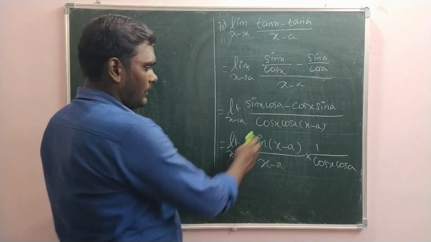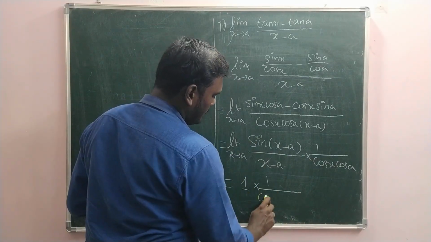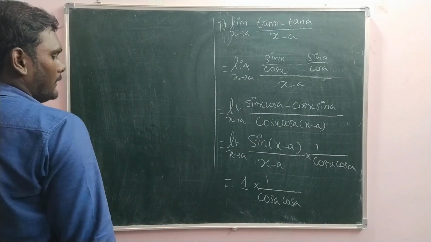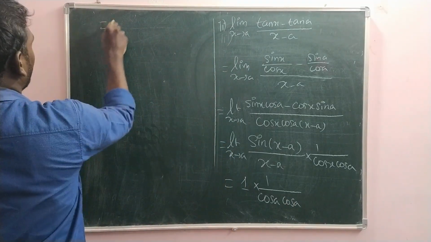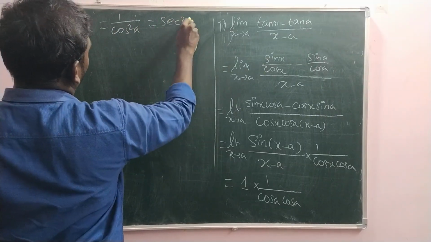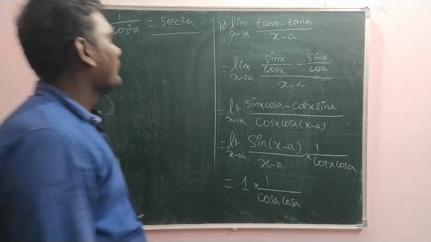Now this one value is what? 1 into 1 by cos a into cos a. Cos a into cos a is 1 by cos square a. Answer is secant square a. Okay.